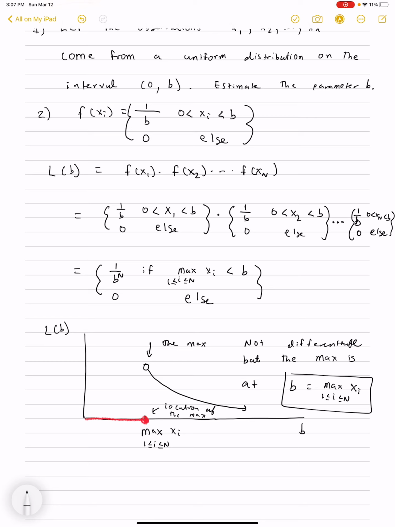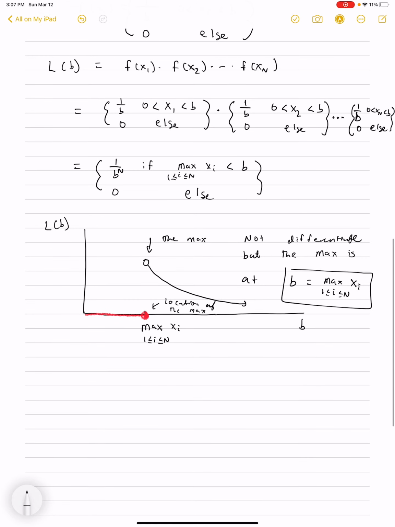And that's really what we're concerned about, the value of the parameter that gives us the maximum probability. Okay, so it is b equals the maximum of each observation.